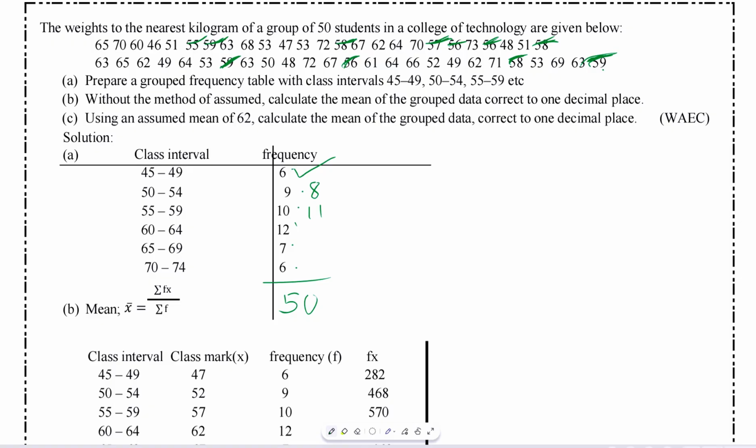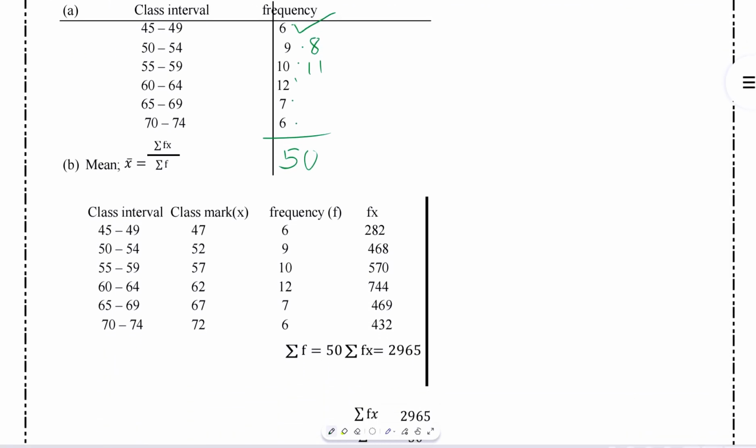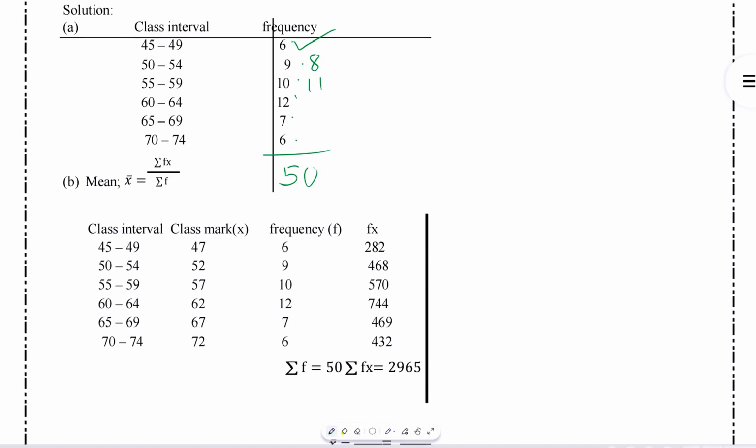Let's still go further. 11. Yes, that's 11. So let's construct our own table. Automatically it will affect the answer.